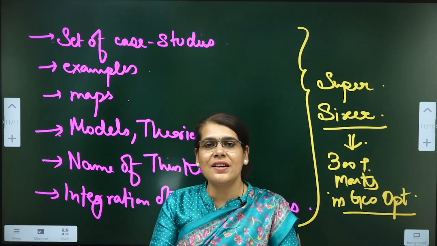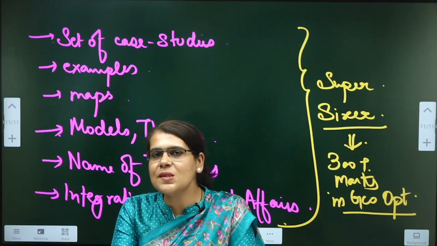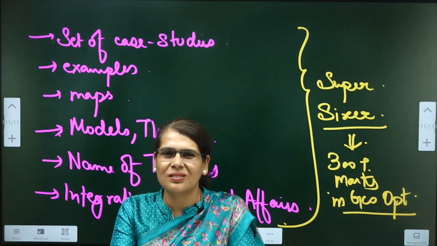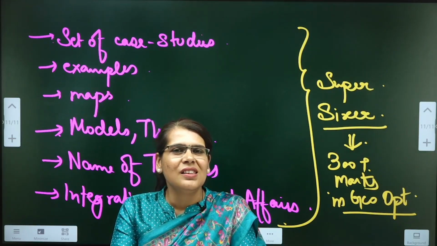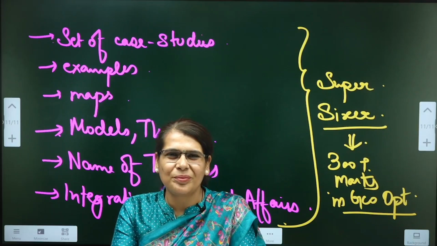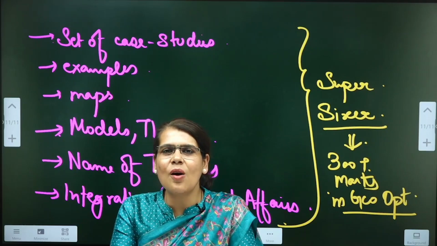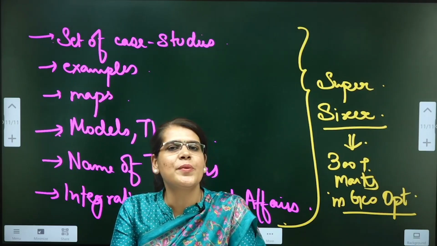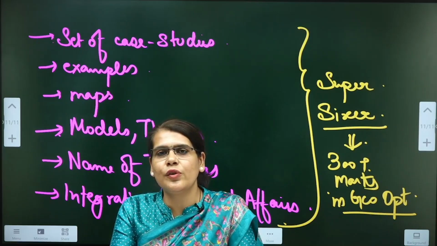Please understand that whenever a building is being constructed, the fundamentals, the basement should be very strong. Because if the pillars have not been placed firmly, the building will not stand tall. So place your fundamentals properly, that is around these super 6 principles, and you will gradually get very good marks in geography optional.